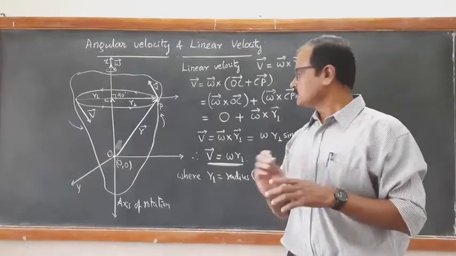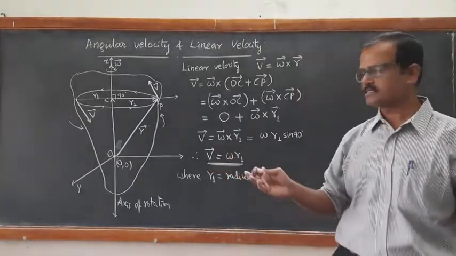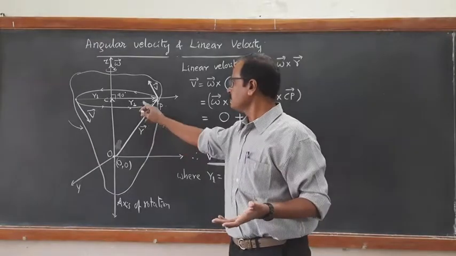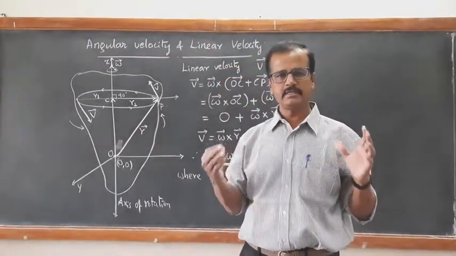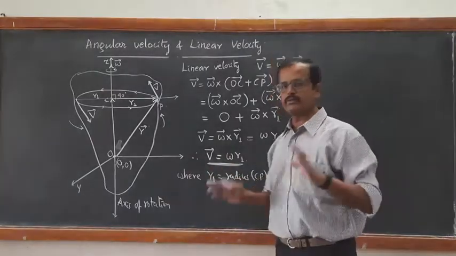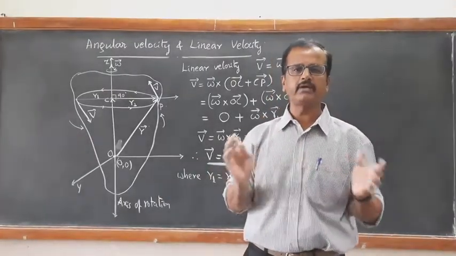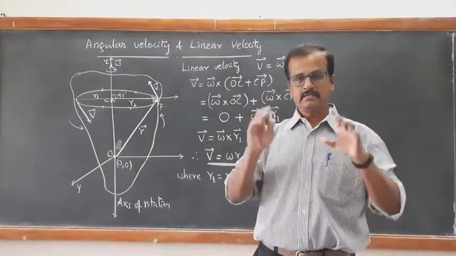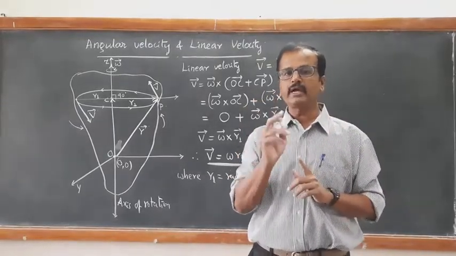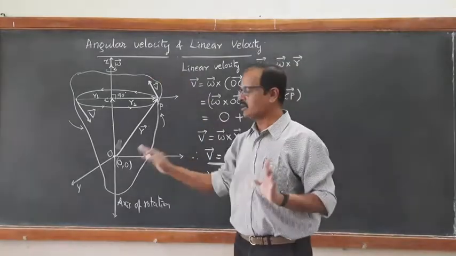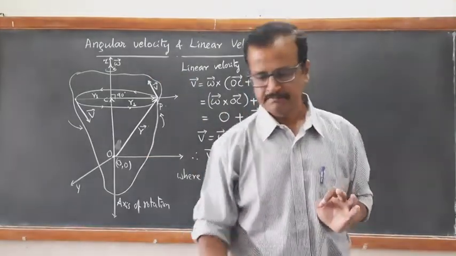So the second thing we have already discussed: as you go away from the axis of rotation, the linear velocities differ, but the angular velocity remains the same. The angular velocity of all the particles will be the same as that of the entire rigid body when the rigid body undergoes pure rotational motion along a fixed axis.